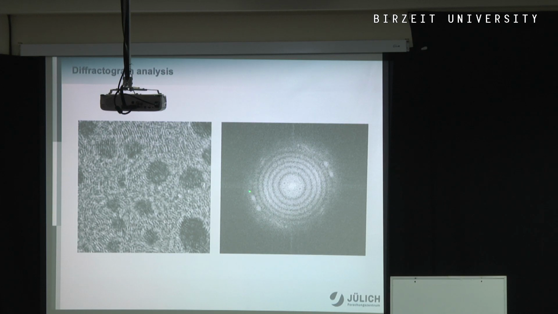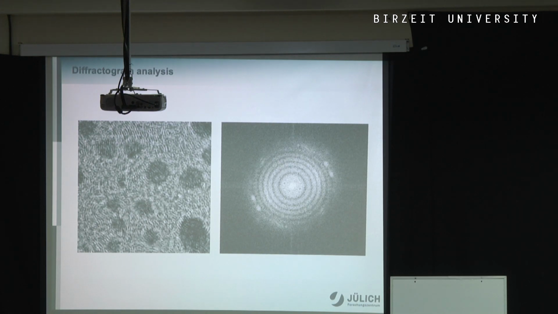In this case, you can see spots here corresponding to diffraction from certain planes in the gold crystals. But in addition, you've got a set of rings here. And the rings are in fact going out from the origin the sine squared of the aberration function which I described earlier.